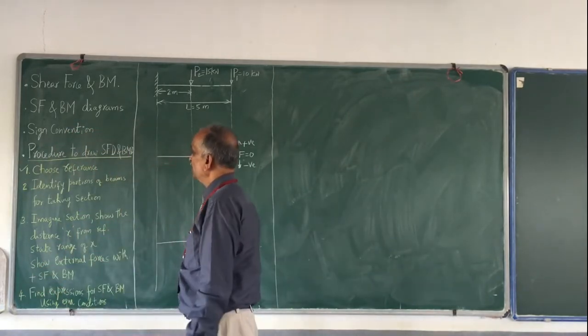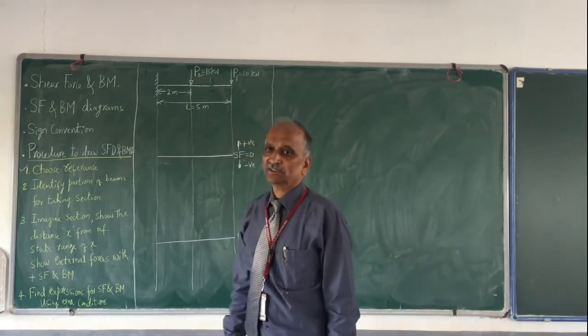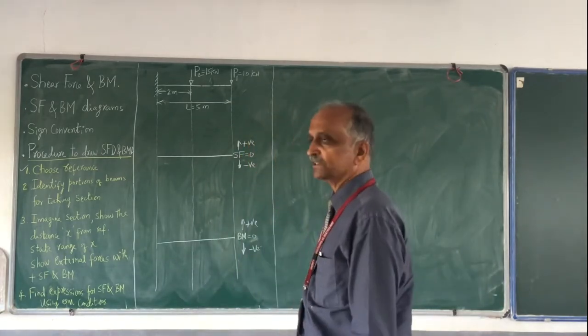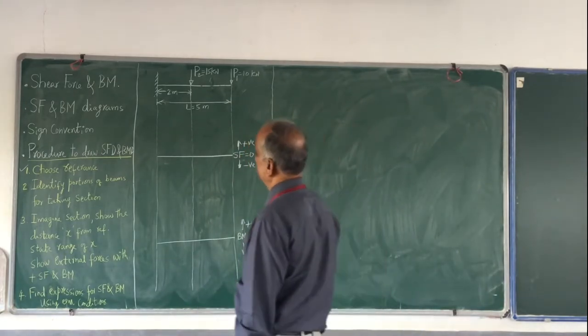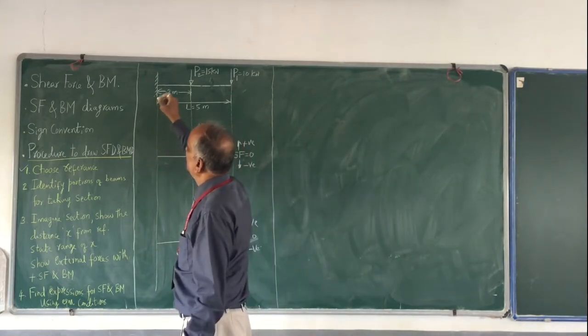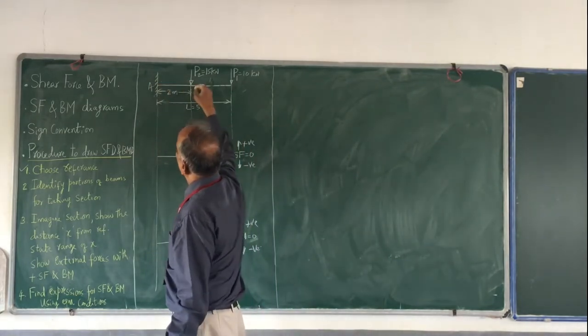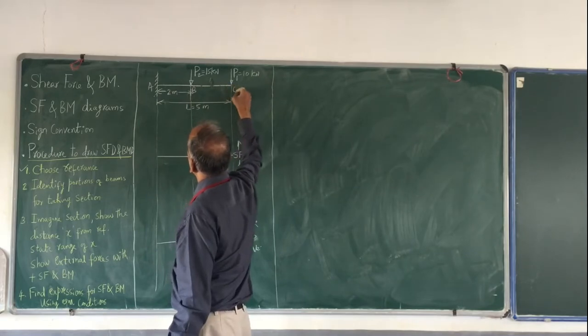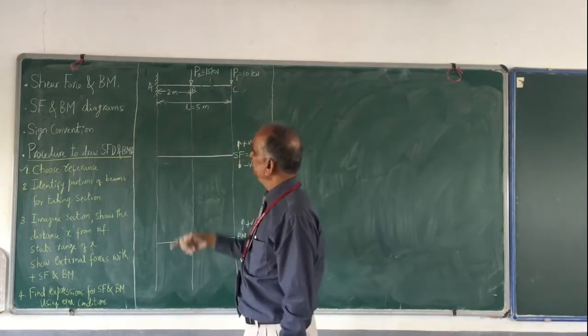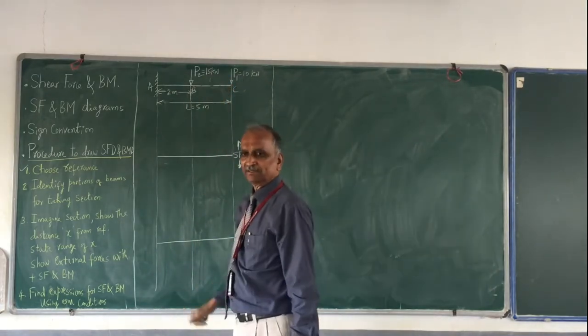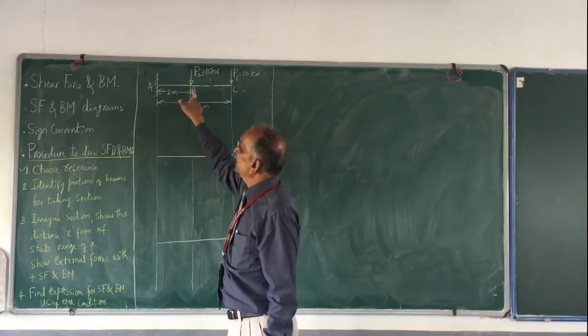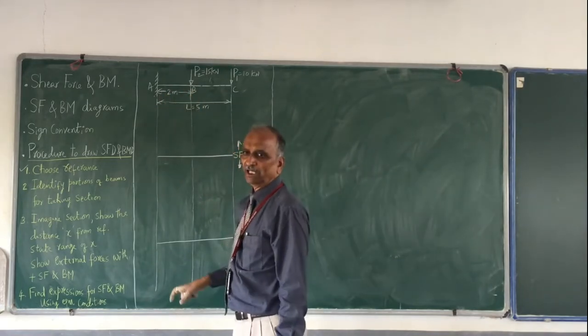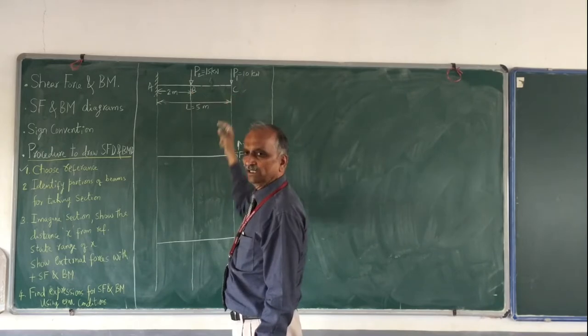Okay, identify portions of beams for taking section. Ultimately, I am going to take section. Where all am I going to take section? If required, you can name the portions, say A, this portion B and this is C. Wherever loads are there, this is one portion, AB, and then BC.